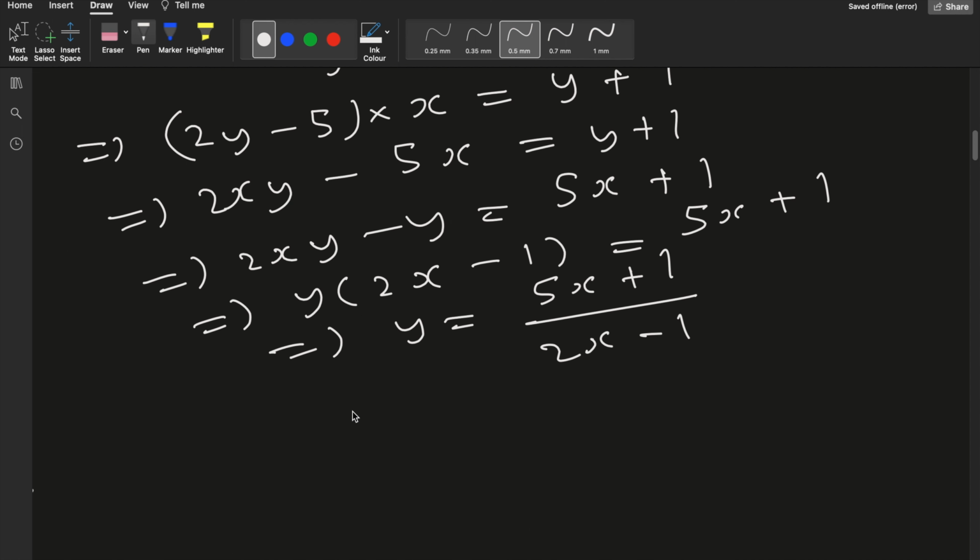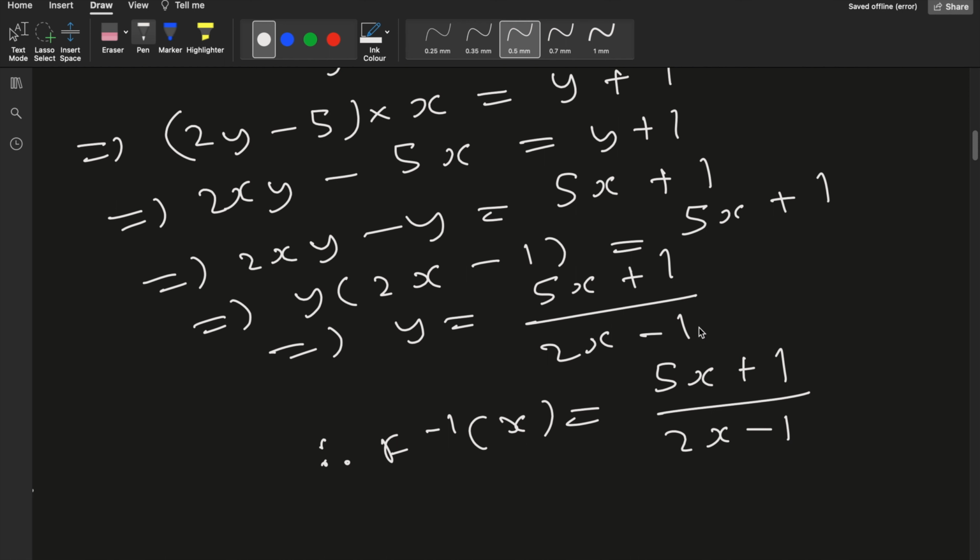Therefore, f inverse of x equals this value. Yeah, that's it.